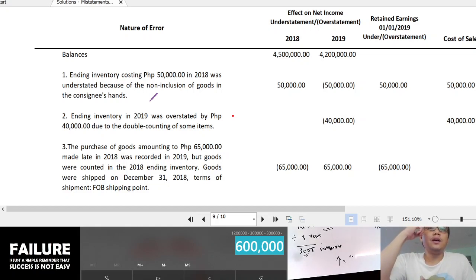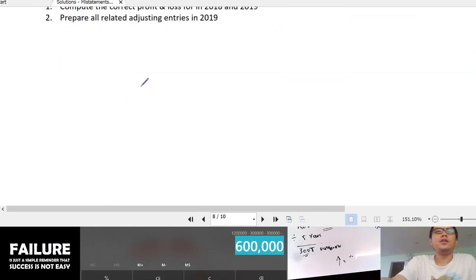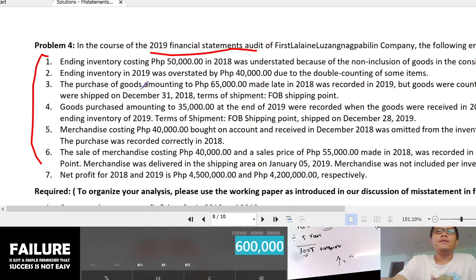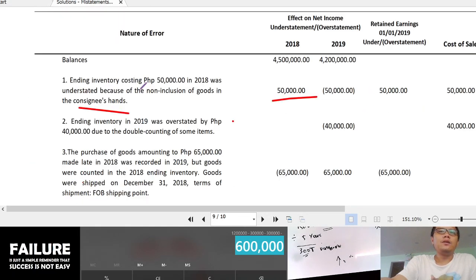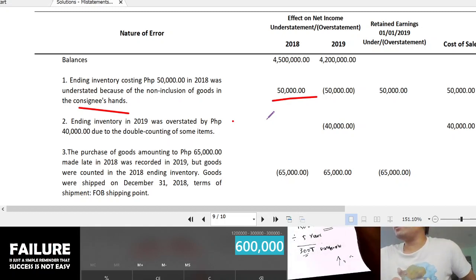So, nangyari nito is that in 2018, merong hindi nasali na inventory because nandun siya sa warehouse ng or sa store ng consignee. Pero in fact, dapat isali natin because si entity nito, ito si First Lane Plus Company, is that sila yung consignor. So sila dapat yung may-ari nito. Pero hindi nasali sa inventory natin.